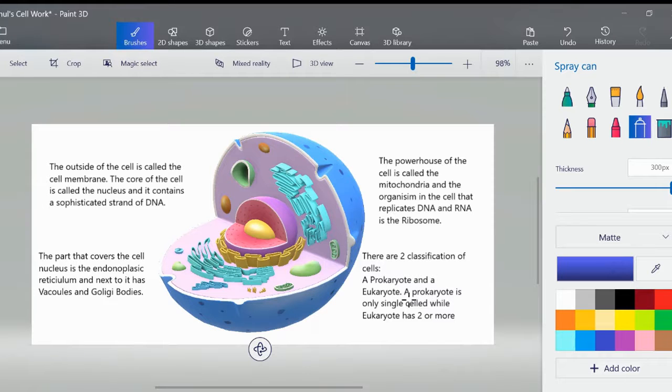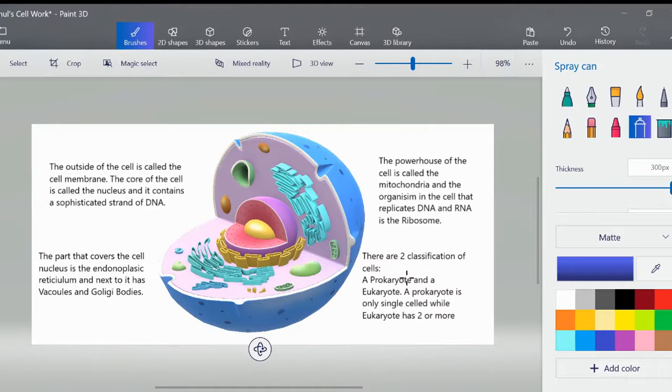A prokaryote is only a single-celled organism. Single-celled means, for example, your hand contains trillions of cells. Trillions. And that means you're a eukaryote, because a eukaryote is an organism that has two or more cells.